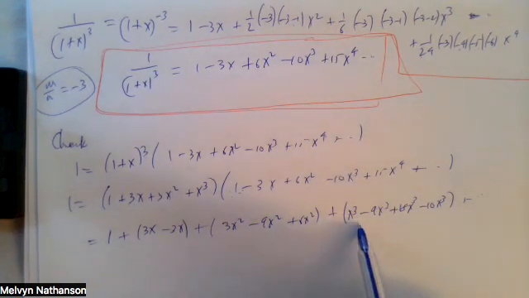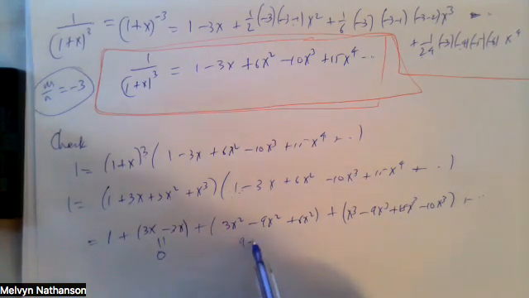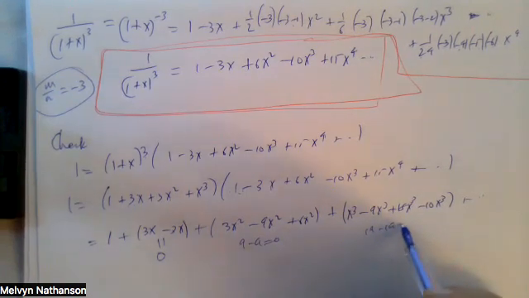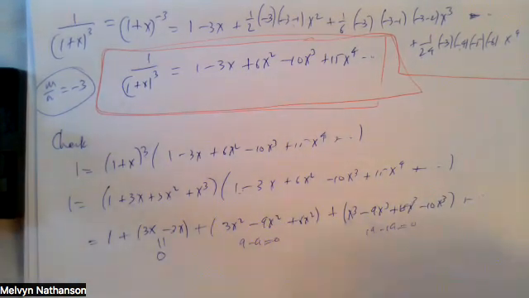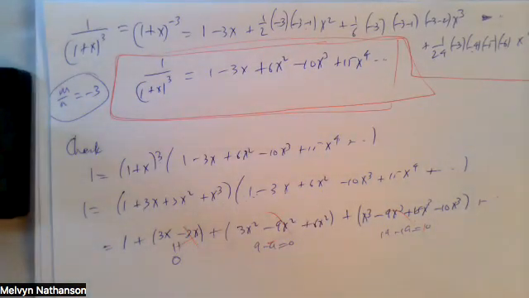Here I have 3 minus 3 is 0. Here I have 9 minus 9 is 0. Here I have 18 minus 18 is 0. All these terms so far cancel out. So just as a very rough check, it looks like it's correct, right?